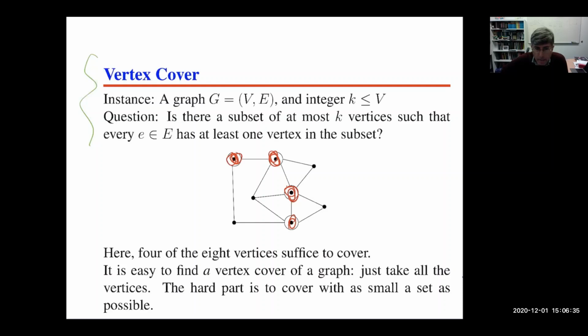Finding a big vertex cover was no problem. If we took all the vertices, we get a cover. But finding the smallest set of vertices is a challenge.